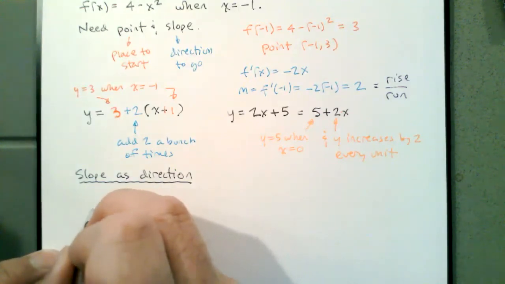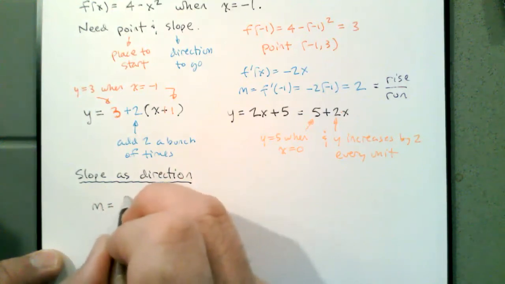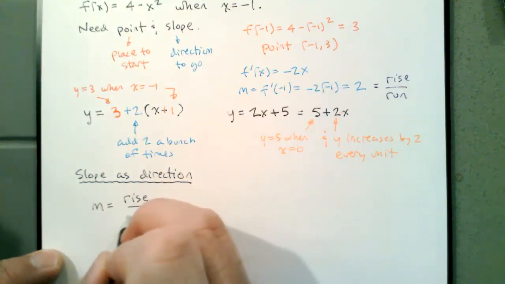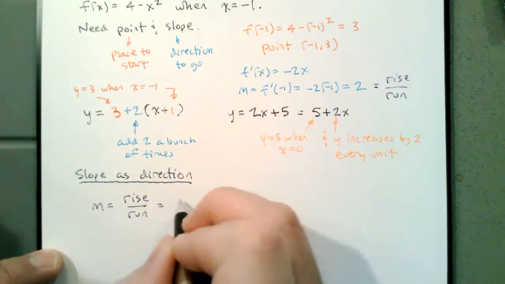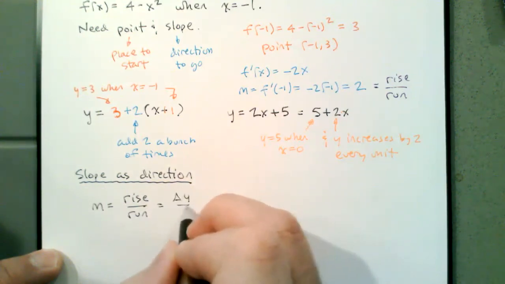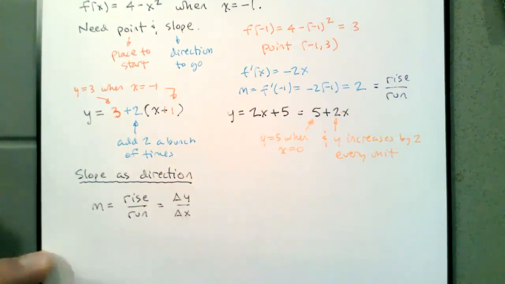When we have a slope, we think of the rise over the run, and that's the change in y over the change in x. So there are two components to the slope.